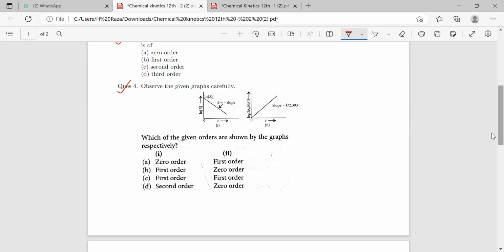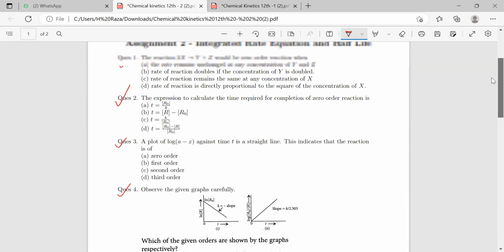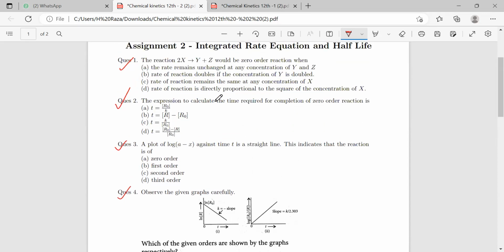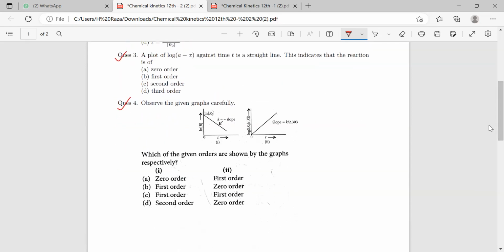Sir, I've sent it to you. Okay. Very good. Yes, send it to me. The expression of it will be very good. This is the first order.